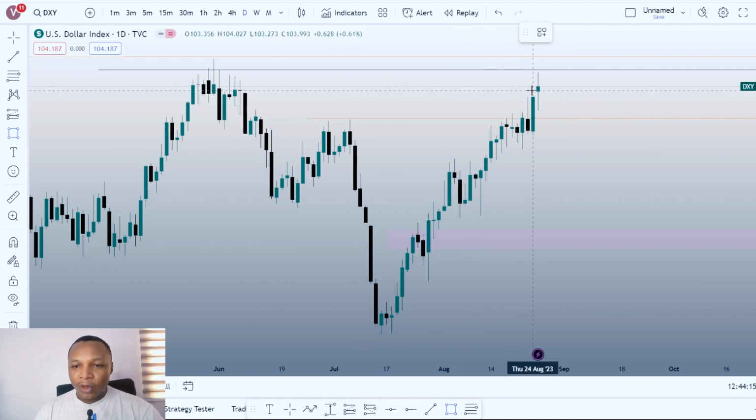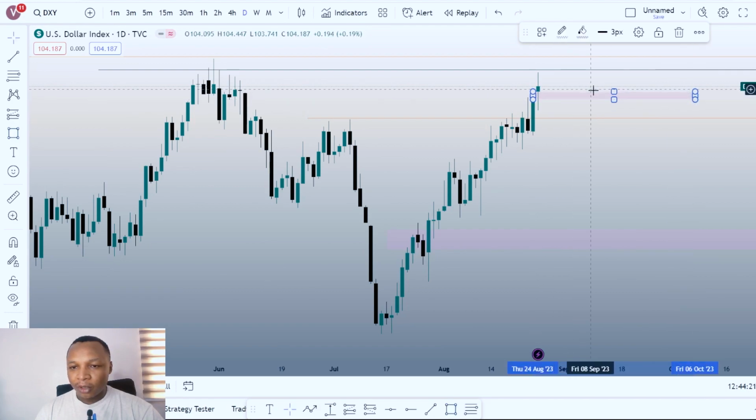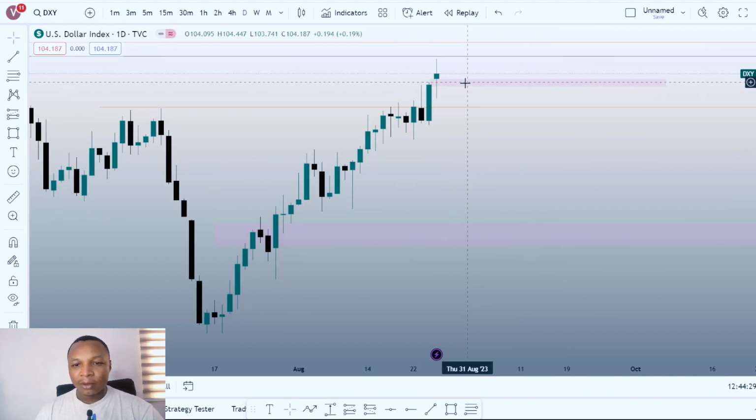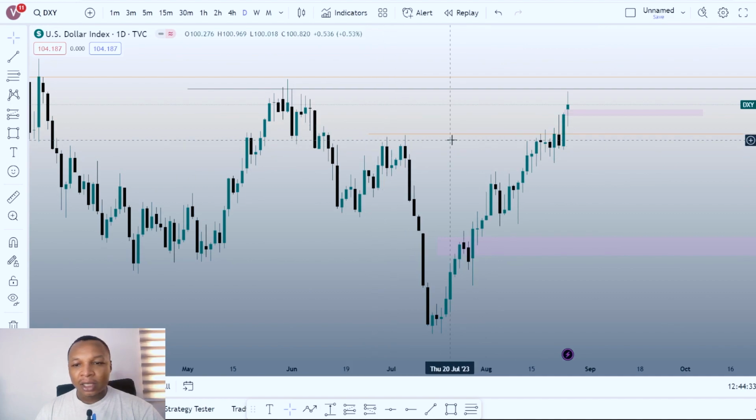We may also be seeing a volume imbalance, or a volume gap, right here. Price may come back to test into it for next week, I beg your pardon, and then we may continue upwards. But currently, I'm expecting an expansion on the dollar to take out this high residing right here.